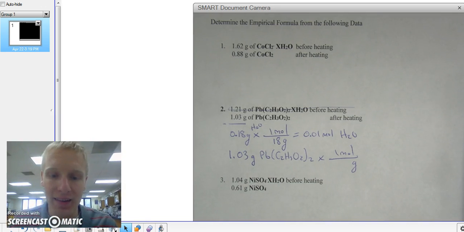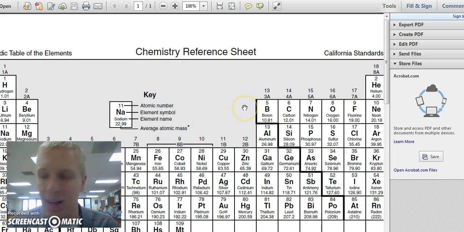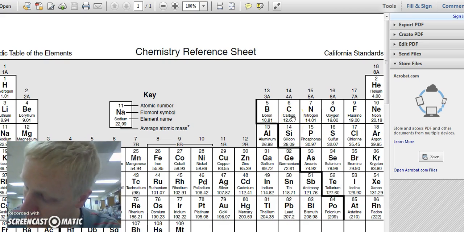Molar mass, we're going to have to use the periodic table. So looking at lead, Pb is right down here, that's 207.2, already rounded to the nearest 10. And I'm going to add my carbon, which is 12, but there's 2 of them.